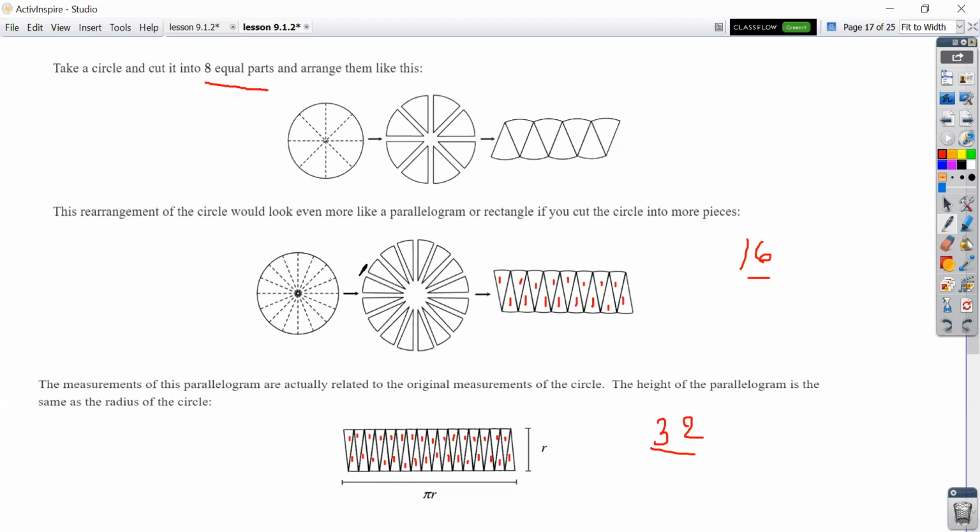Next, they want to cut the circle into more pieces. So we have 16 equal pieces, cut them and put them back together, looks similar to this. And the next one, they want us to cut 32 pieces and put them back together, looks similar like this, okay?